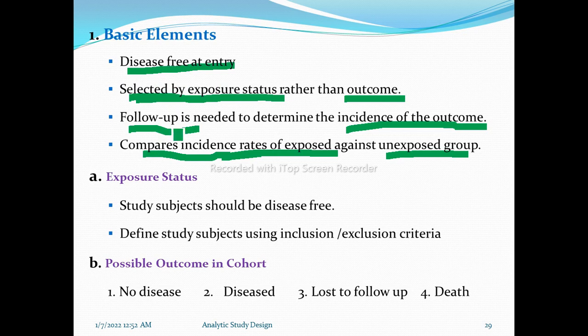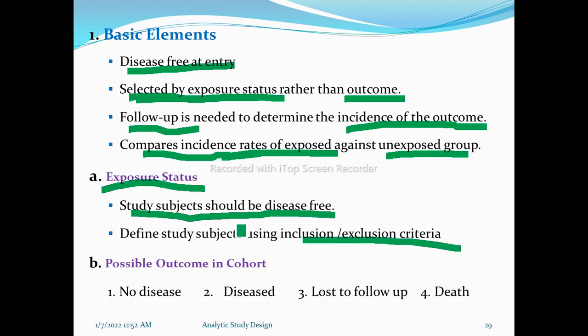This is a very important concept. They should be free of our outcome of interest, selected by exposure status, there must be follow-up time, and the exposed and unexposed groups should be compared for their disease status. Study subjects should be disease free. Define the study subjects using inclusion and exclusion criteria.